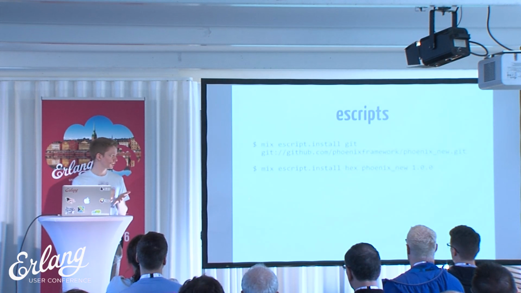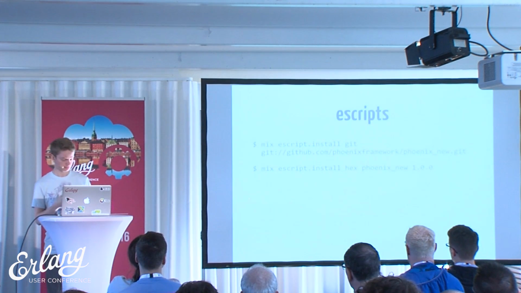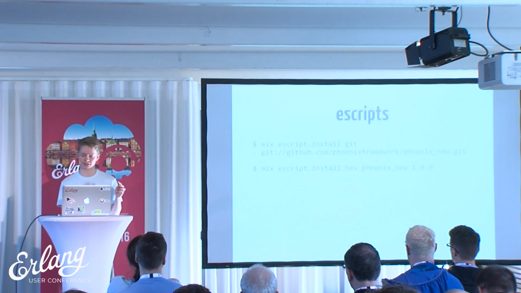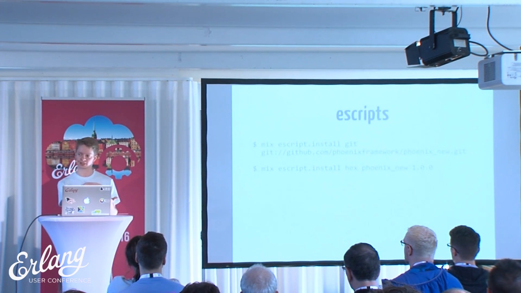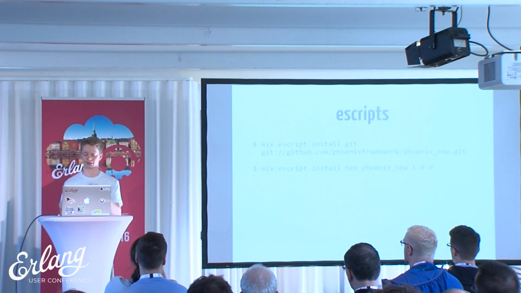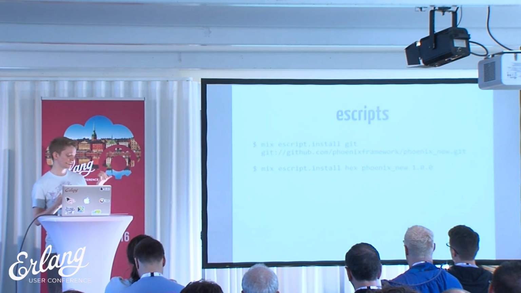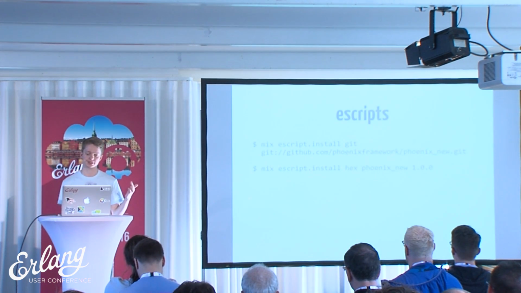In the Mix build tool, we can also use Hex to install escripts. And for those of you who may not know what an escript is, it's basically an executable that runs Erlang code. So it's a small script file and a zip file containing precompiled BEAM files. And we can actually use the existing functionality in Mix to fetch dependencies to fetch escripts.